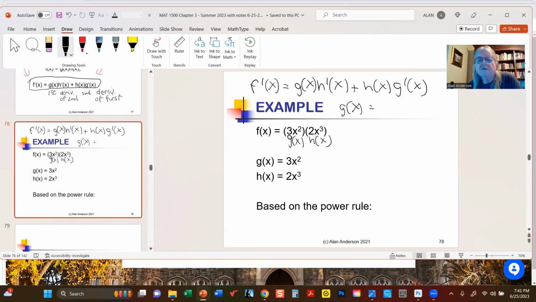So anyway, based on the power rule, we know that g of x is 3x squared, that implies that we'll have 2 times 3 times x to the 2 minus 1, which is 6x.